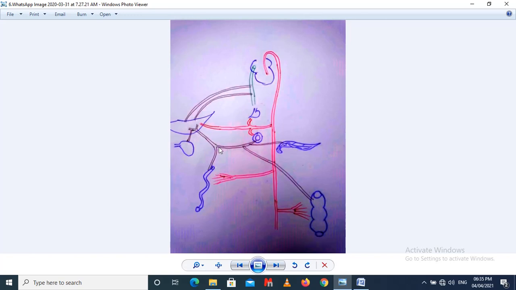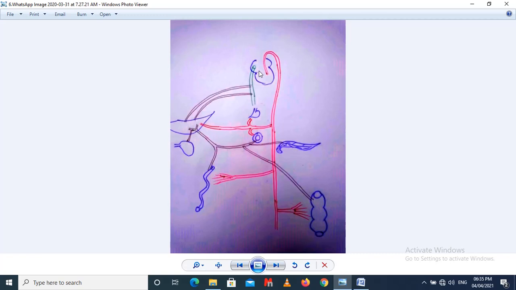Why is this so? Now I'm going to show you the difference between the hepatic portal and the splanchnic circulation. This whole circulation is the splanchnic circulation, in which the blood comes from the left ventricle to all the visceral organs, including the liver, from the visceral organs to the liver, and from the liver back to the heart. This is the splanchnic circulation.